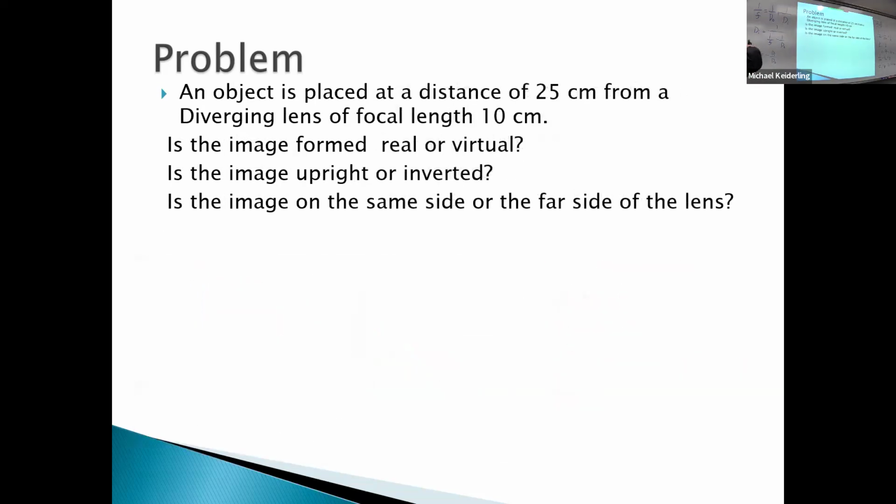And here we have an object placed at a distance of 25 centimeters from a diverging lens of focal length 10 centimeters. Is the image formed real or virtual? Is the image upright or inverted? And is the image on the same side or the far side of the lens?